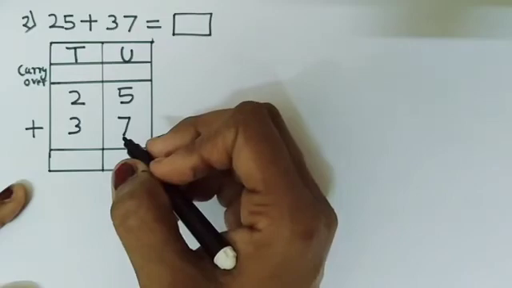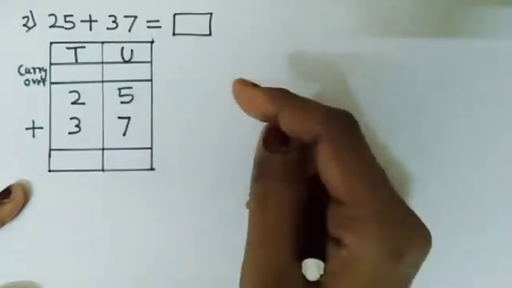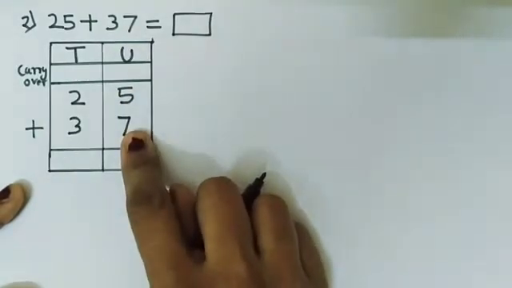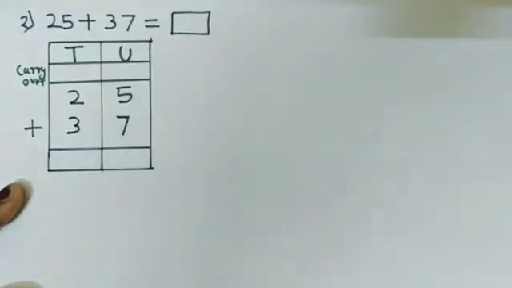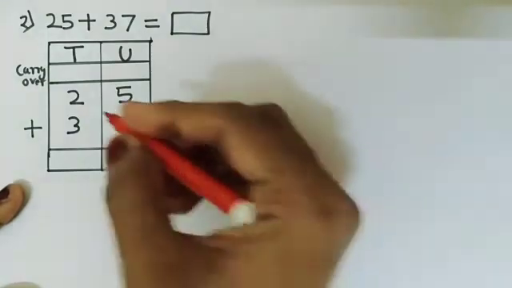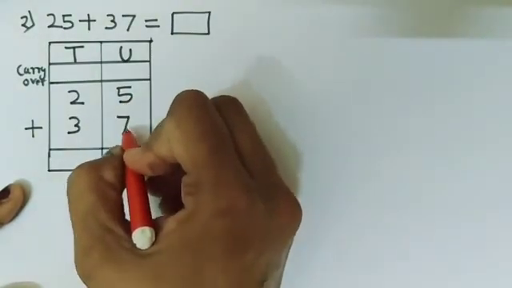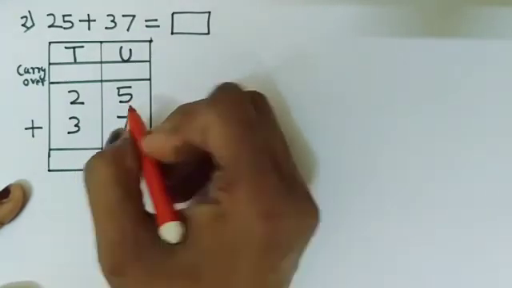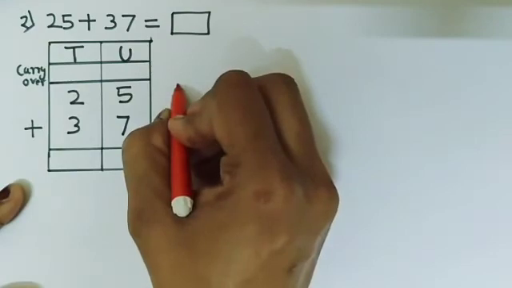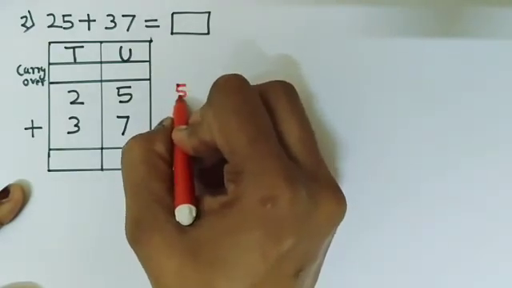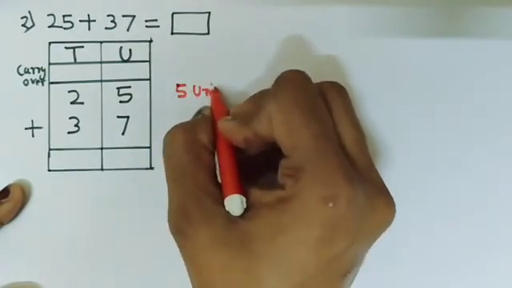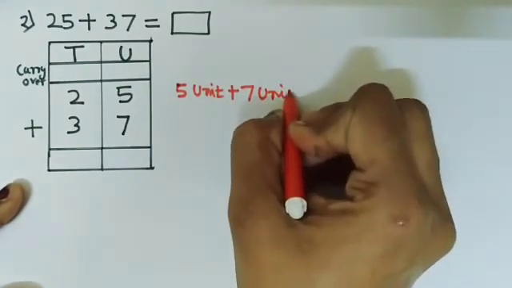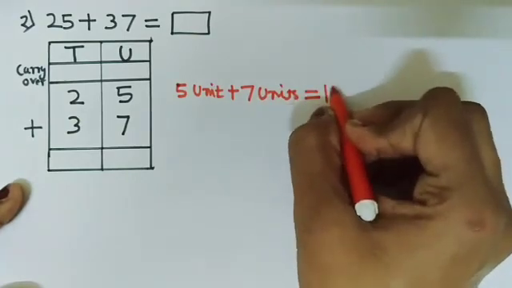Now tell me children, from which place we have to start adding? Yes, from the unit column. So let's start adding from the unit column. We have here 5 plus 7. So tell me children, what is 5 plus 7? 5 units plus 7 units is equal to 12 units.